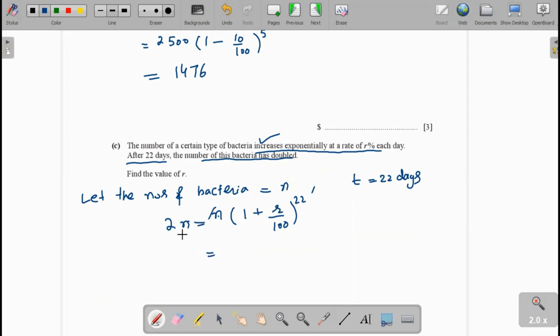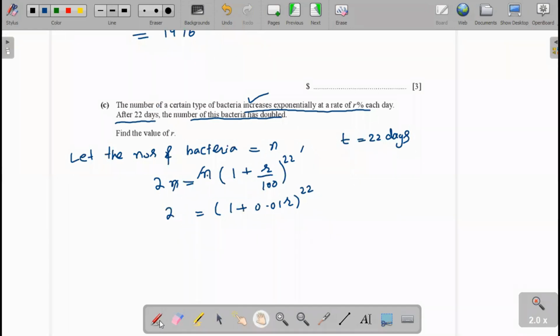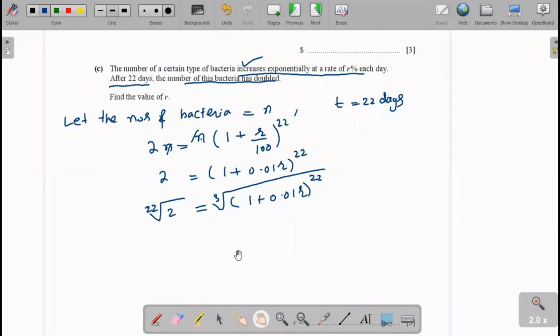Therefore, we can write it as 2 into 1 plus R over 100, that is 0.01 r, power 22. Now we take the 22nd root: 1 plus 0.01 r, power 22, root of 22.